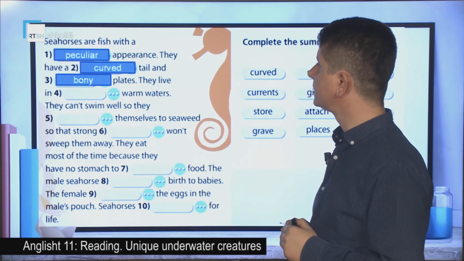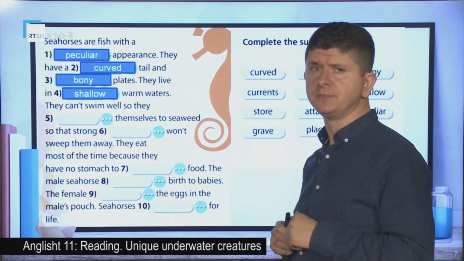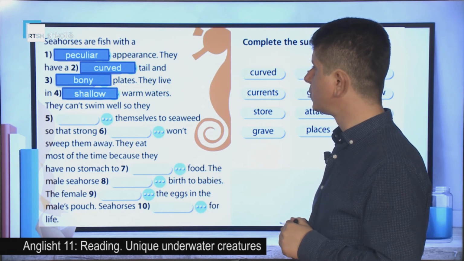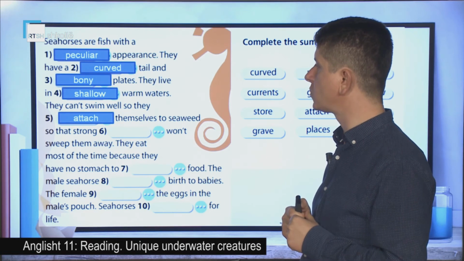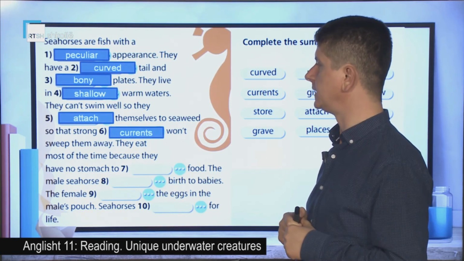They live in warm, shallow waters, we said that in the beginning, they live in the shallow warm waters. They can't swim well, so what do they do? They attach themselves to seaweed so strongly that currents won't sweep them away.